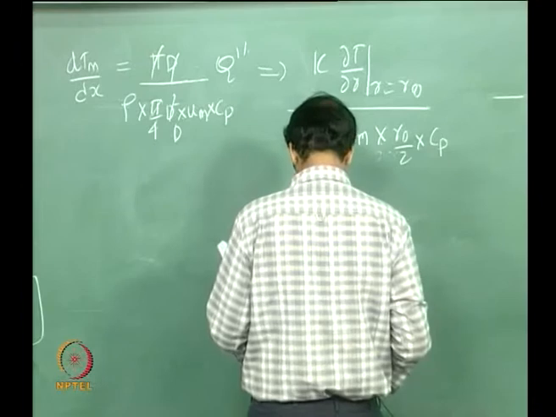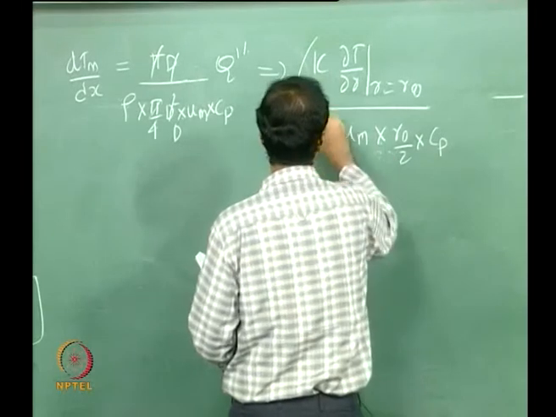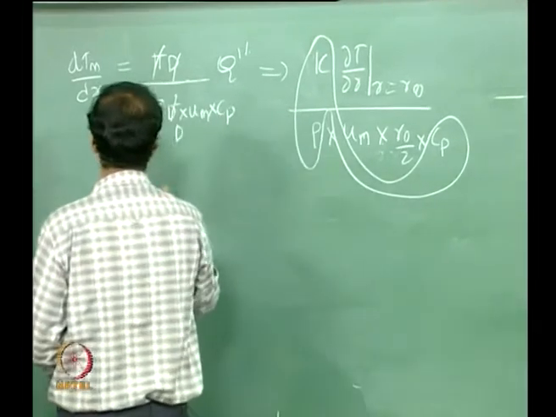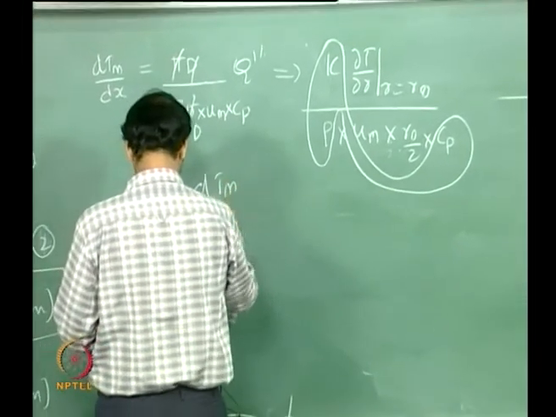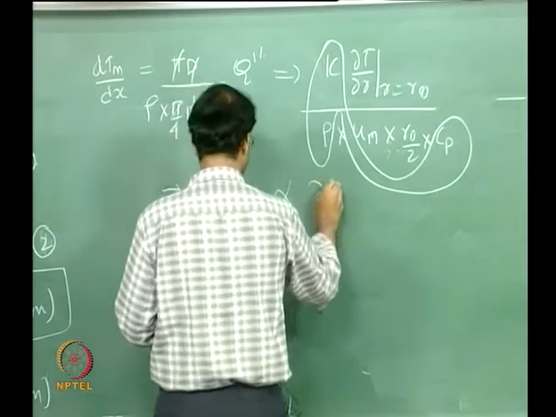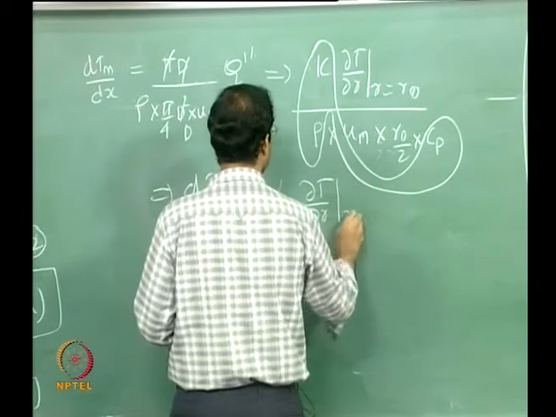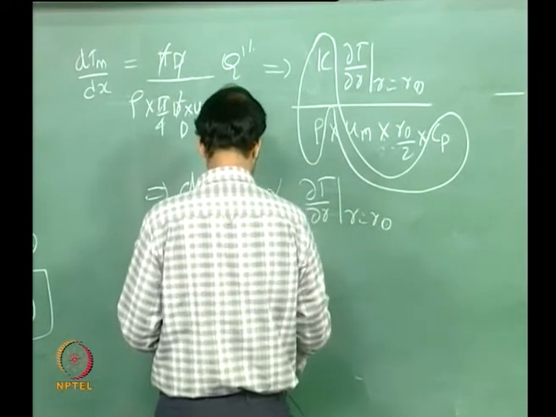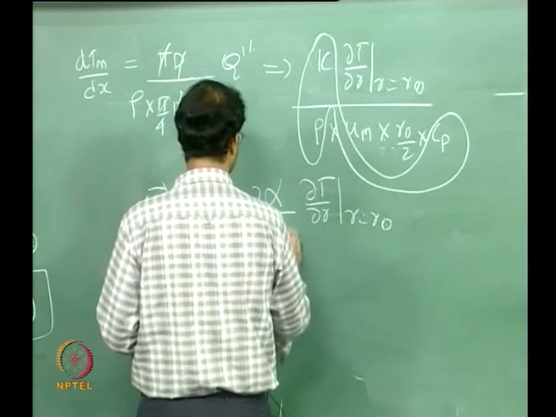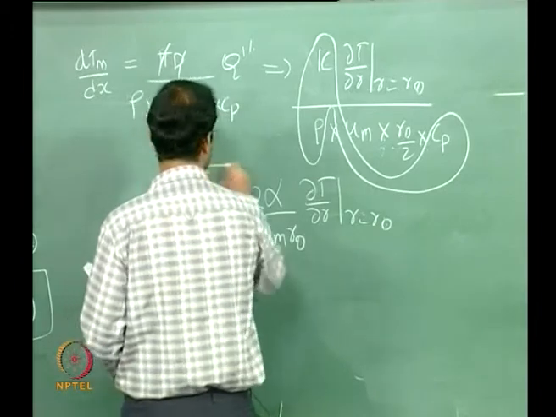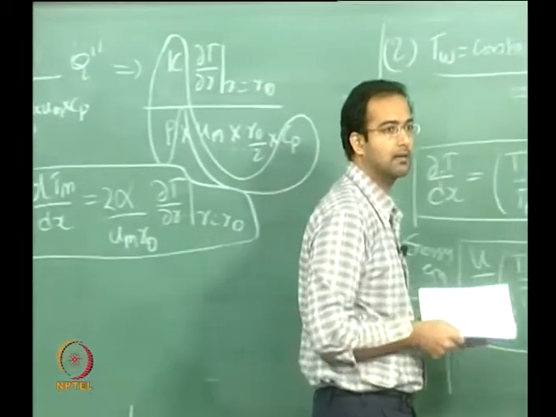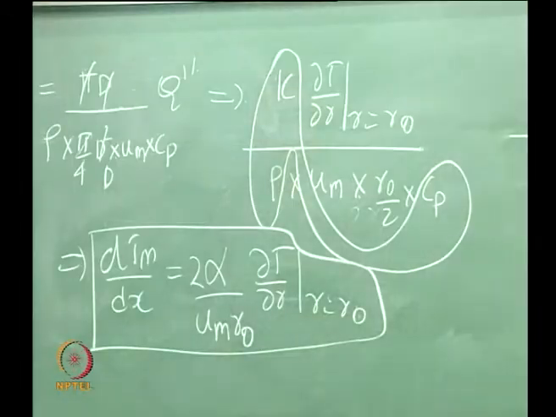So now I can club this as k by rho Cp, which is alpha, so this can be written as dTm by dx is actually alpha times dT by dr at r equal to r naught divided by um r naught, with a factor of 2. So this is my expression for dTm by dx in terms of dT by dr at r equal to r naught. This is a little bit of mathematical manipulation, nothing more.